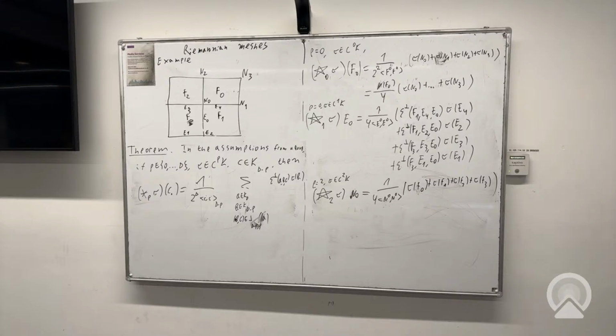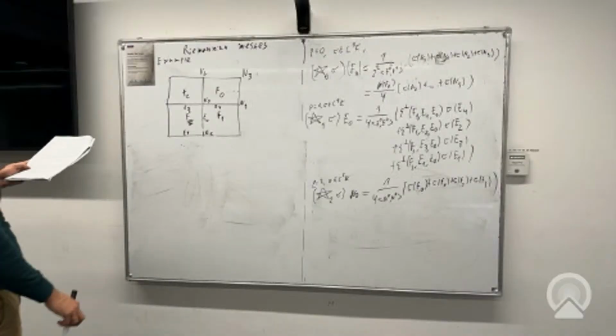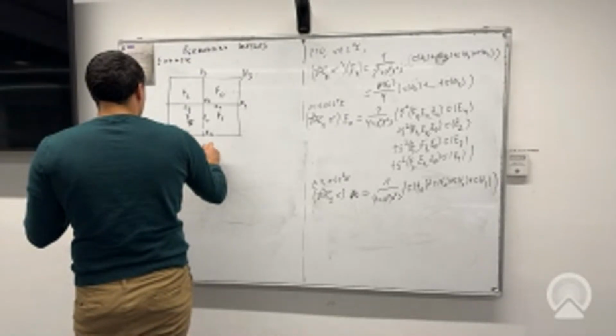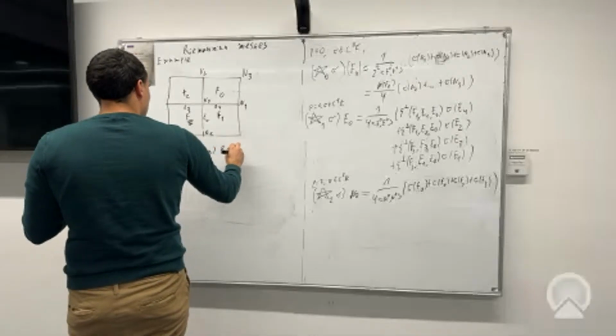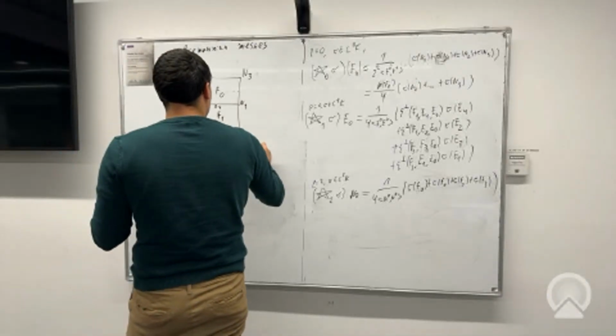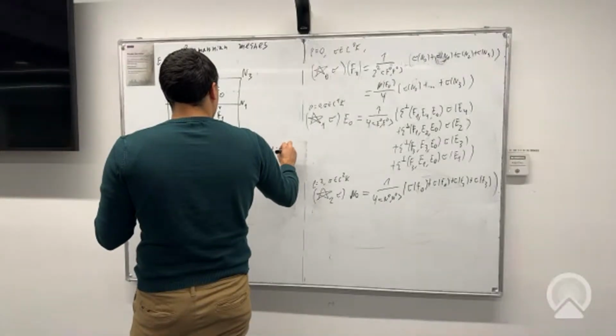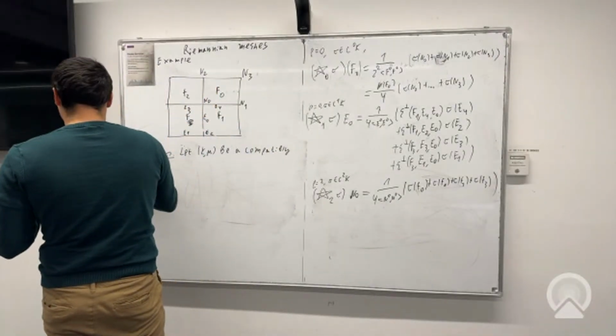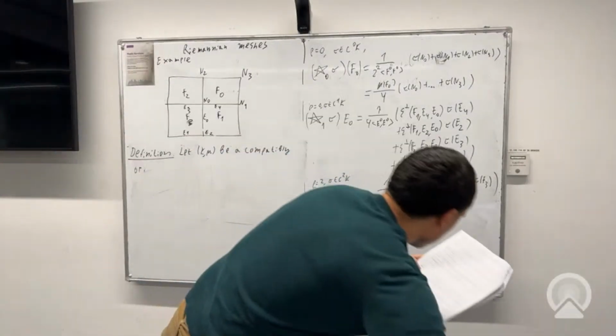Okay, and I want to finish with the codifferential, the adjoint coboundary, because it's not good to leave it for the next time. Be compatibly oriented. It's not necessary to be.